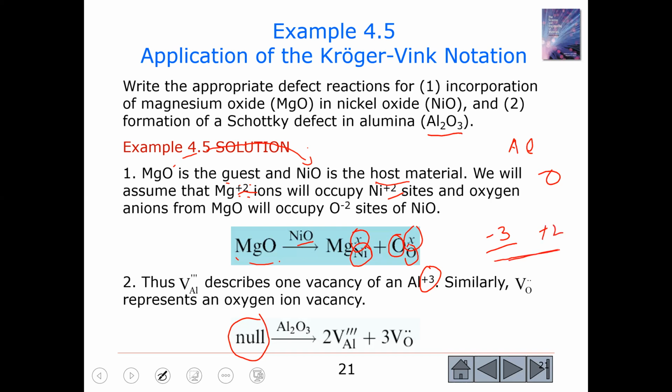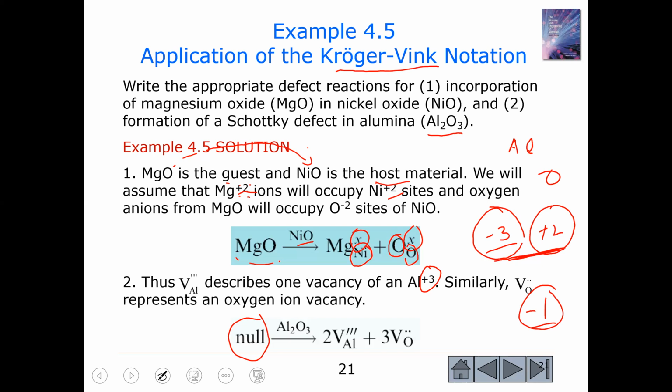A charge balance must remain balanced, right? So when one aluminum atom goes out and one oxygen atom goes out, aluminum will create a minus 3 net charge on the material and oxygen will create a plus 2 net charge. If you add these two, you will have a minus 1 net charge in the material, which is against the rule of the Kruger-Vink notation.